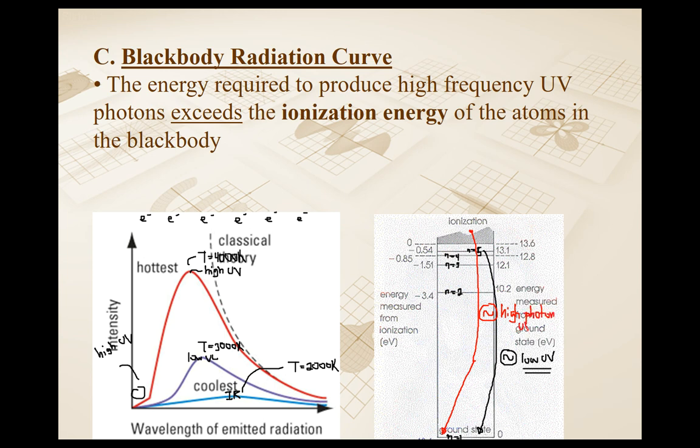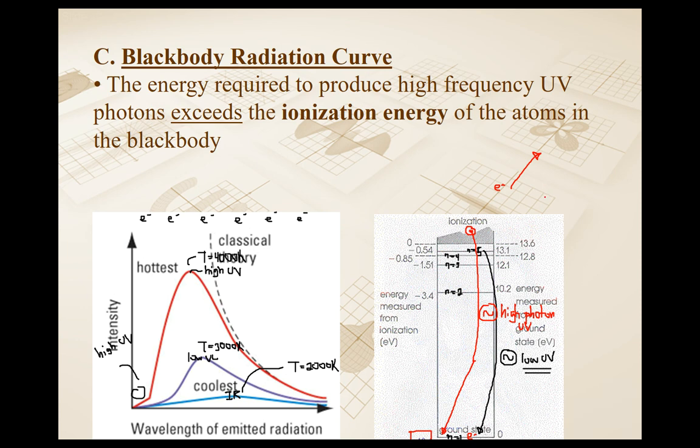The problem is you can't, because in order to get an electron from ground state all the way up to the starting point, you'd actually be giving it more than the ionization energy. So you ionize the atom, and the electron just leaves. If the electron leaves, it can't jump down and emit a photon.